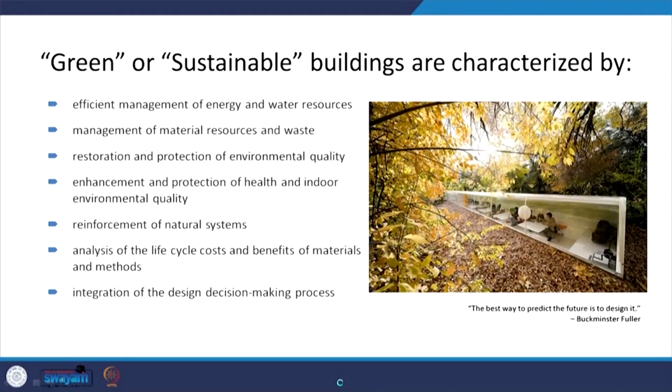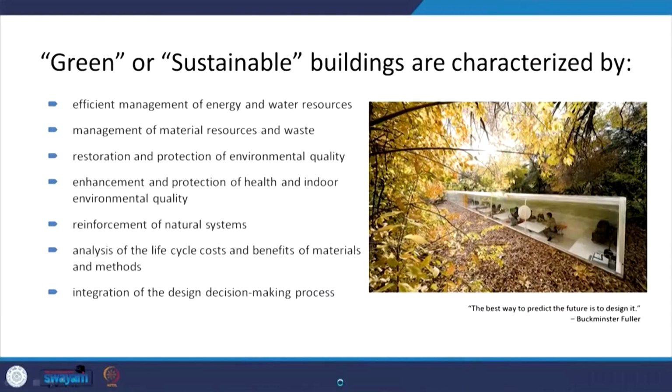Now, green or sustainable is often used interchangeably, and we have already discussed the characteristics. If we are looking largely at the environmental characteristics, we look at the efficient management of energy and water and also material resources. So, efficient use and management of resources.